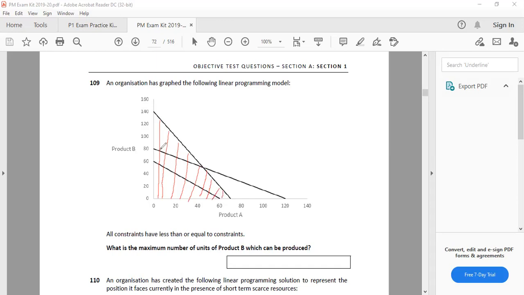Then the second one, this line. So we'll put this one as curved lines. Then the third line we see.